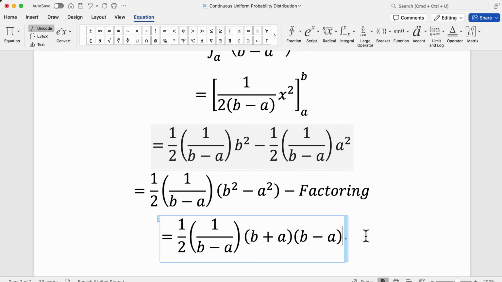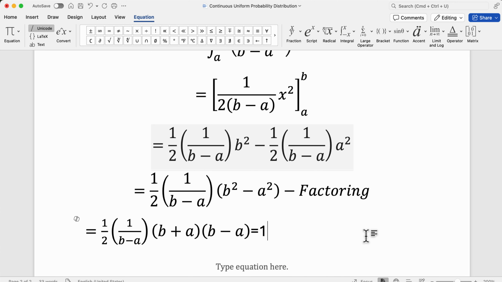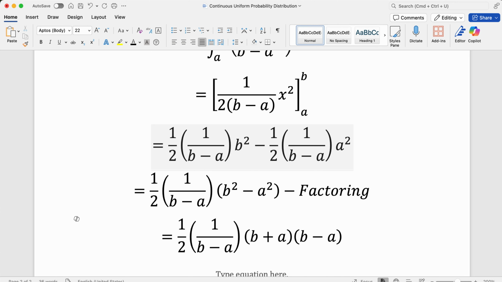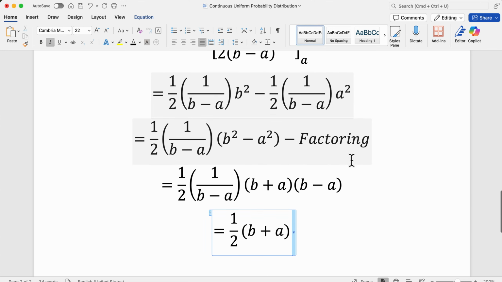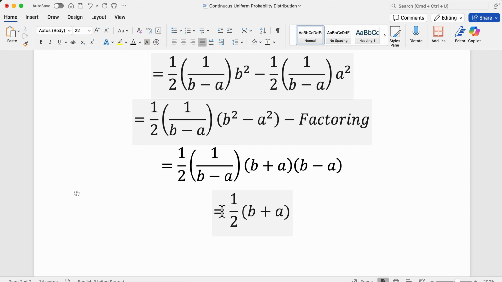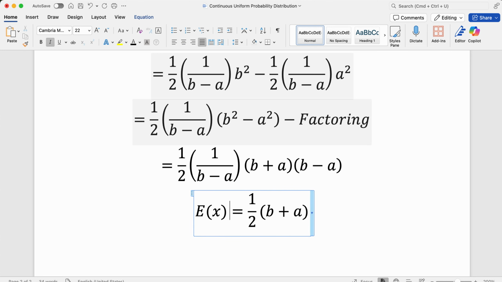The b minus a in the top and the bottom cancel out, so I'm just left with 1/2 times (b plus a). And we're done with that. That's the expectation value, or the average.